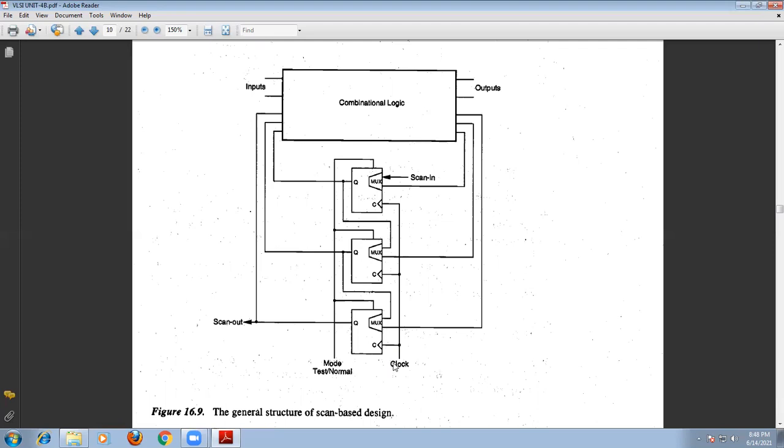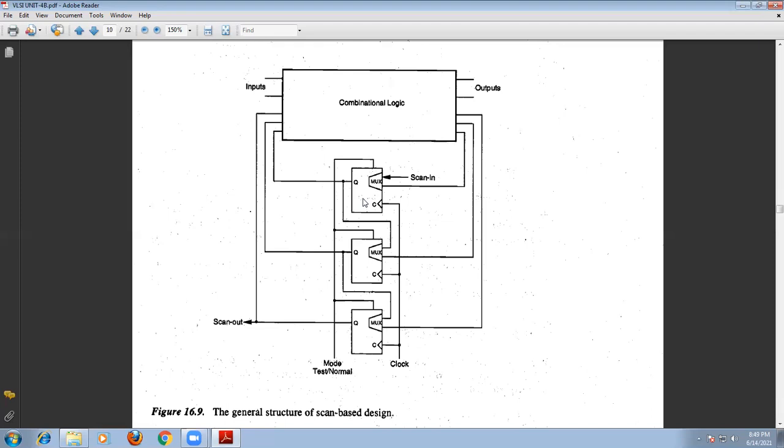Because we are using complementary clock signals in these level sensitive latches, we get race-free operation. So that is about the circuit.